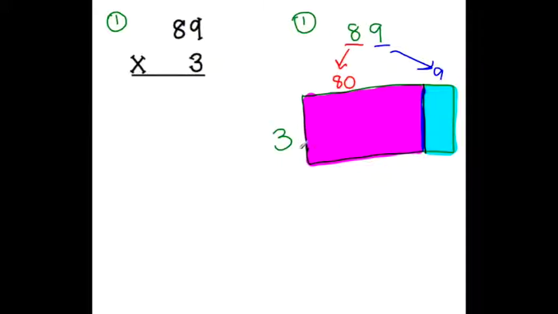Okay, now, what multiplication problem could I use to find how many boxes there are in this left part? Well, this says 3 times 80. So I would use 3 times 80.